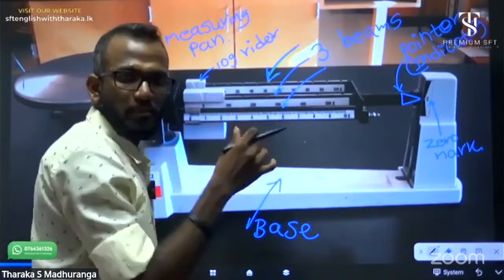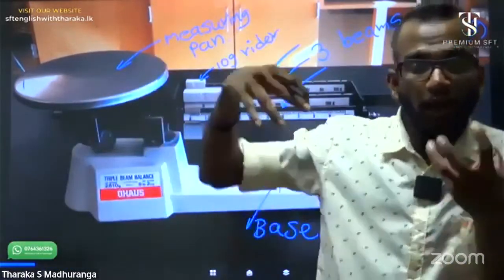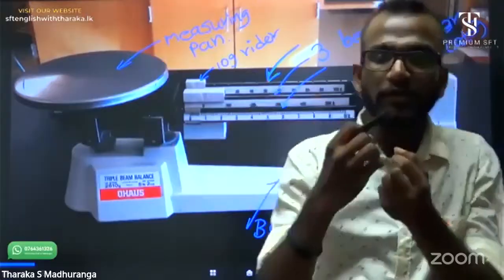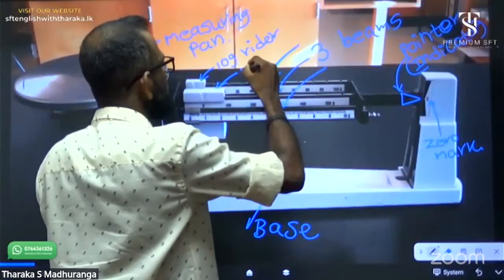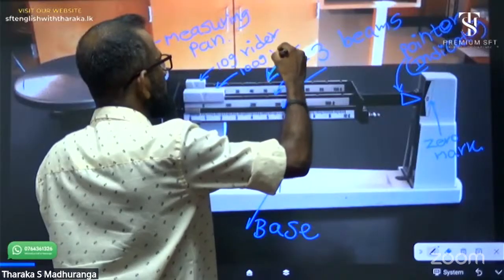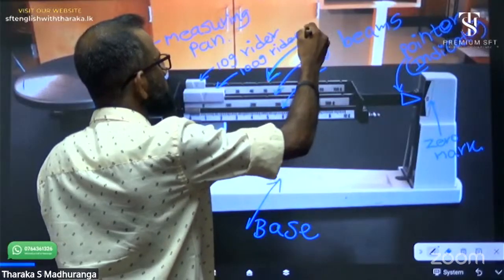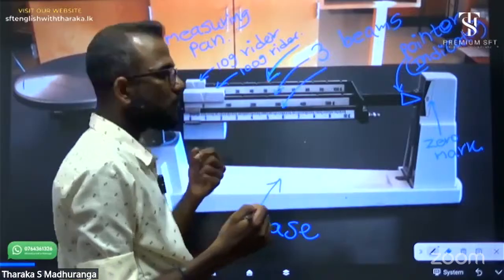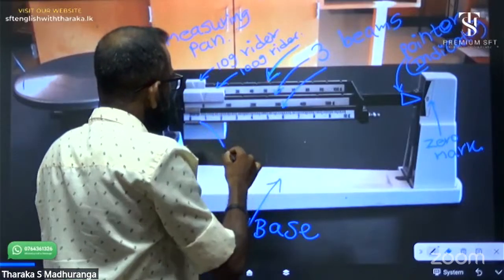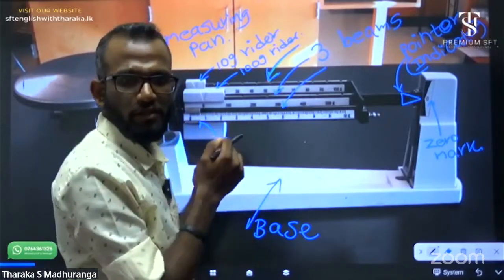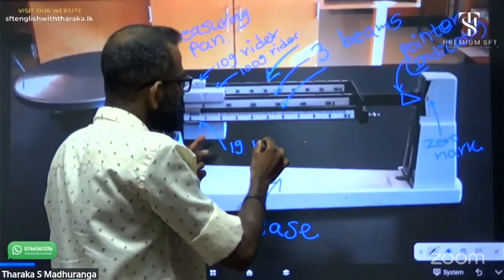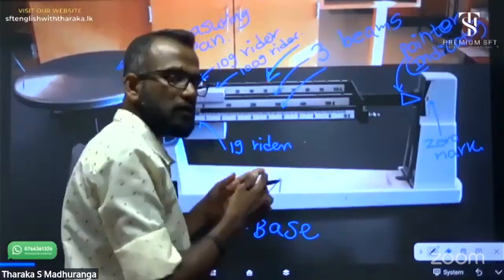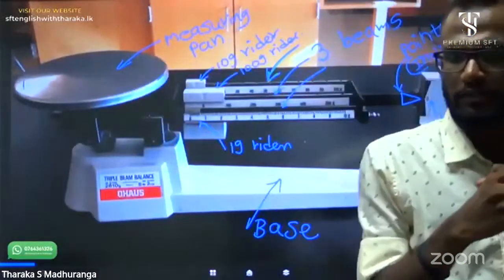The middle beam contains the highest mass rider, the 100 gram rider. This is the smallest rider of the instrument, the 1 gram rider.